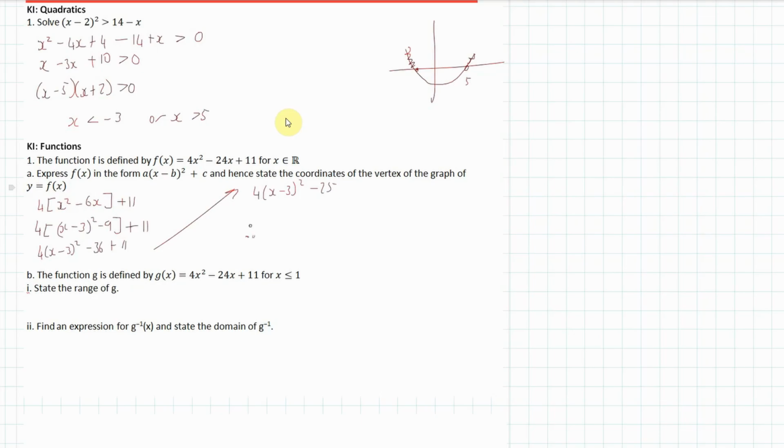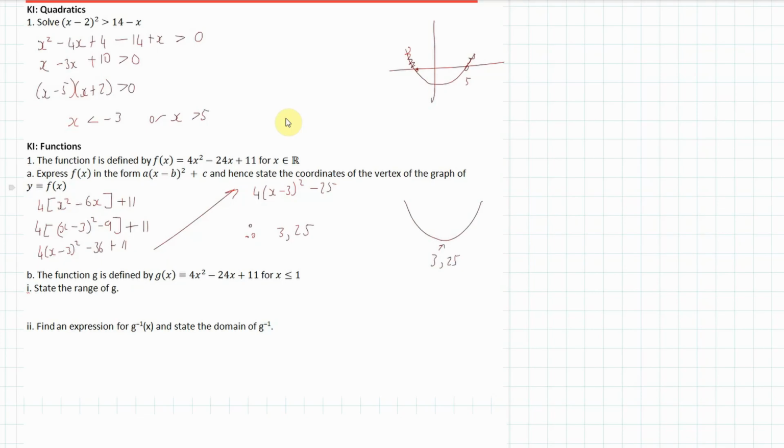So therefore the vertex of the minimum point is at 3, negative 25. Now we want to know the function g, which we've just done.